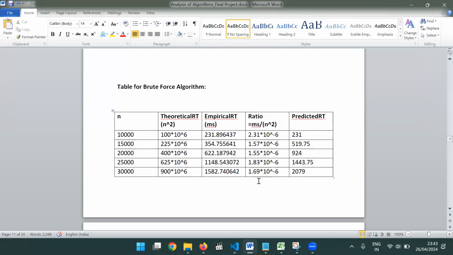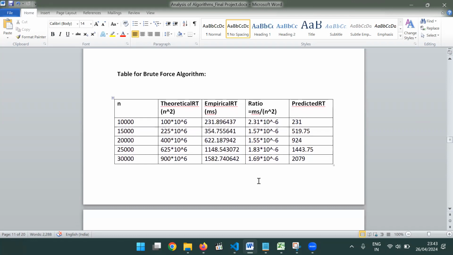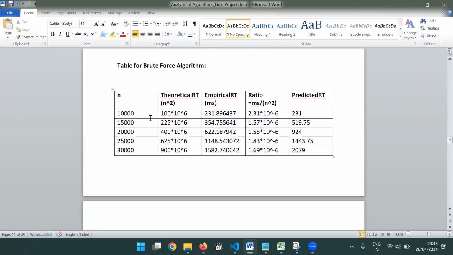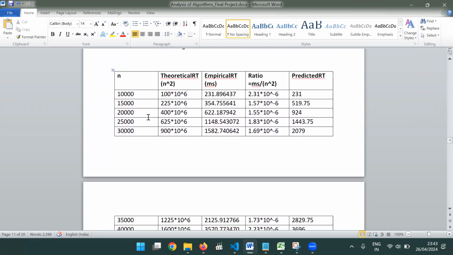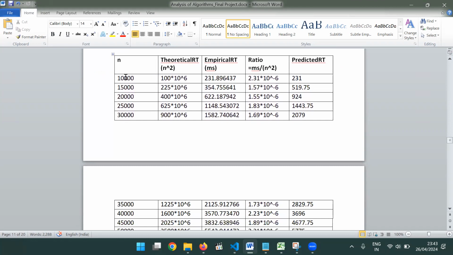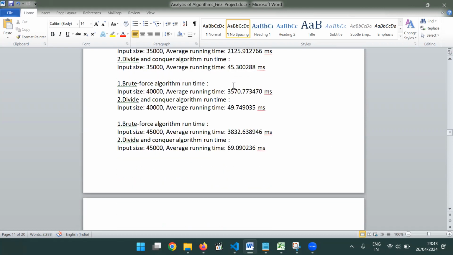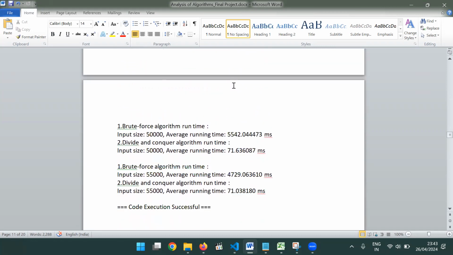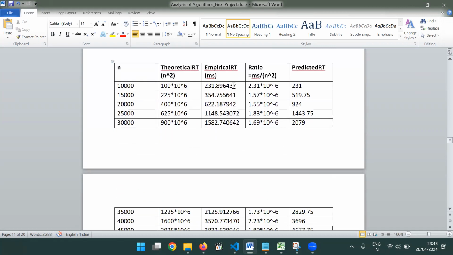This is the table for the brute force algorithm that I have constructed on n values from 10,000 to 55,000 and the theoretical values, which is n square, 10,000 into 10,000, that is 100 into 10 to the 6. The empirical value is from the code that I have executed and copy pasted in the third column, and the ratio is calculated as the empirical value divided by the theoretical value.